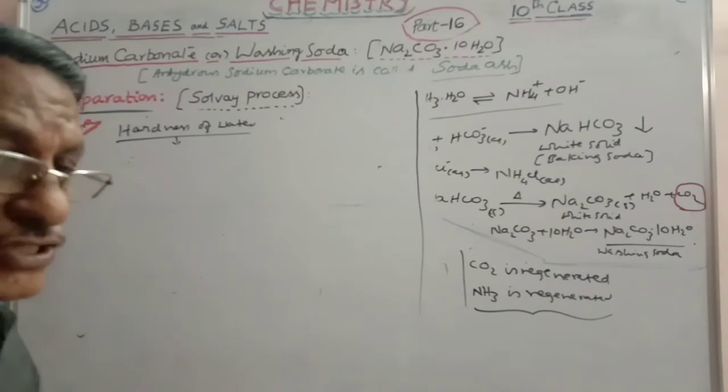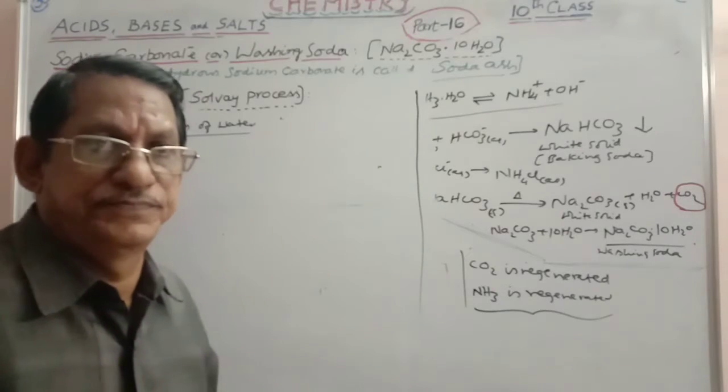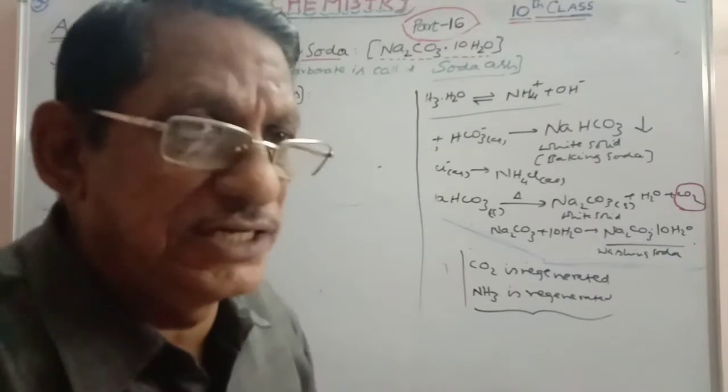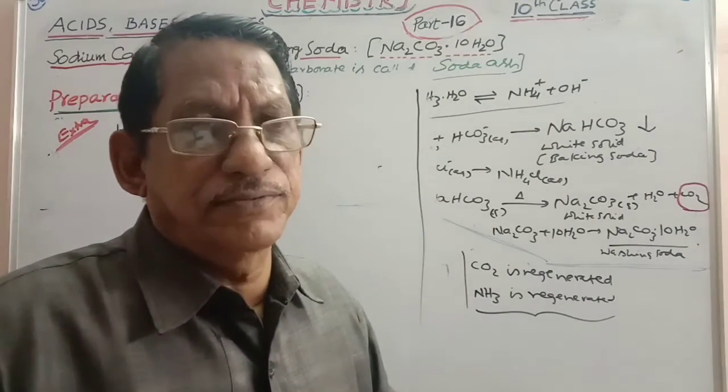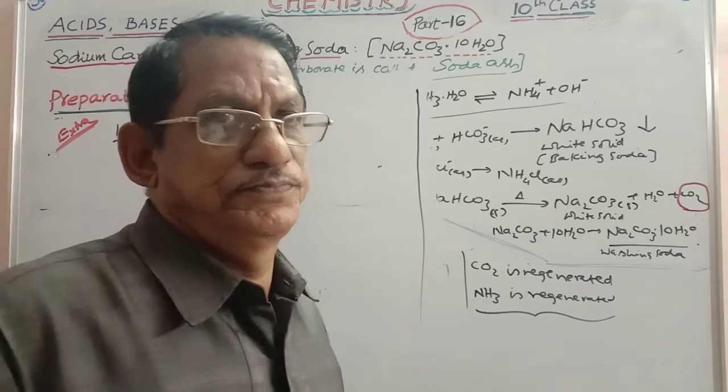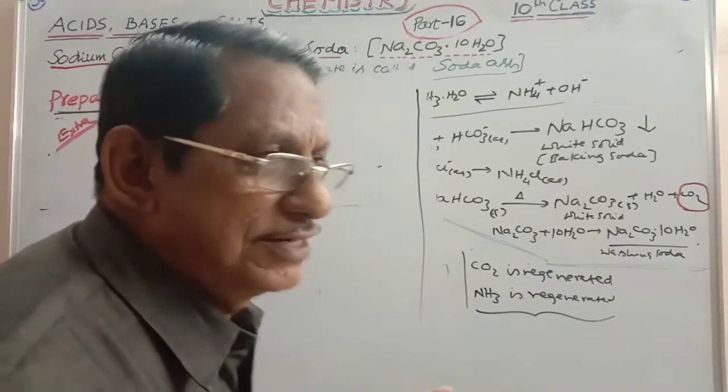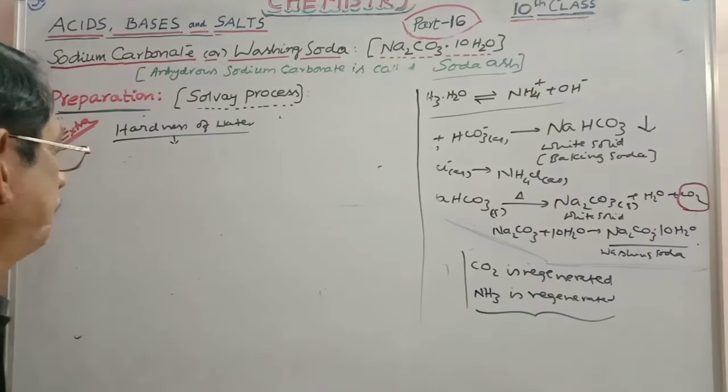Due to the presence of certain salts in water, hardness is created. Hard water means that water which doesn't give lather with soap easily. If you take soft water, it gives lather easily with soap. So that is the difference between hard water and soft water.